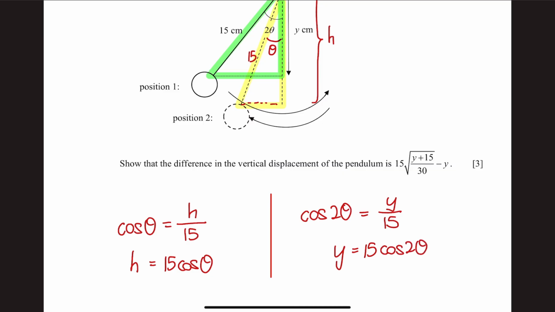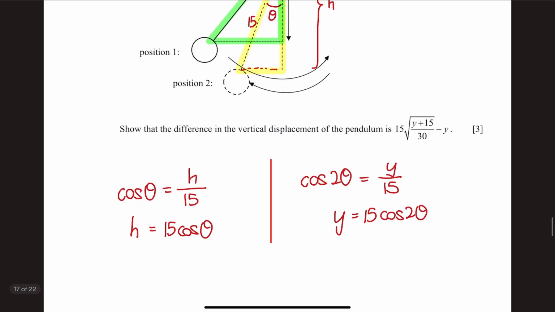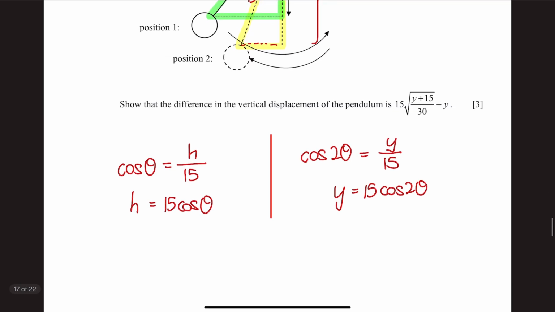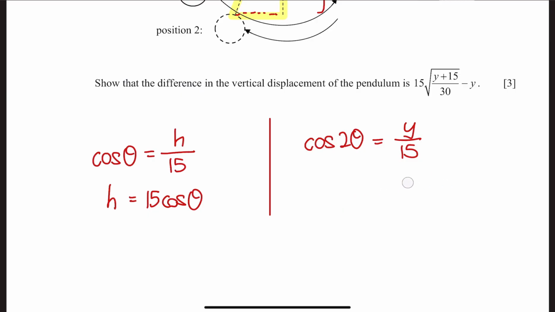Okay, so from here I can continue to simplify. I want to use cosine 2 theta to find out what cosine theta is. So over here, you can use the double angle formula. If I use the double angle, you can turn this into 2 cosine square theta minus 1 equals y over 15.